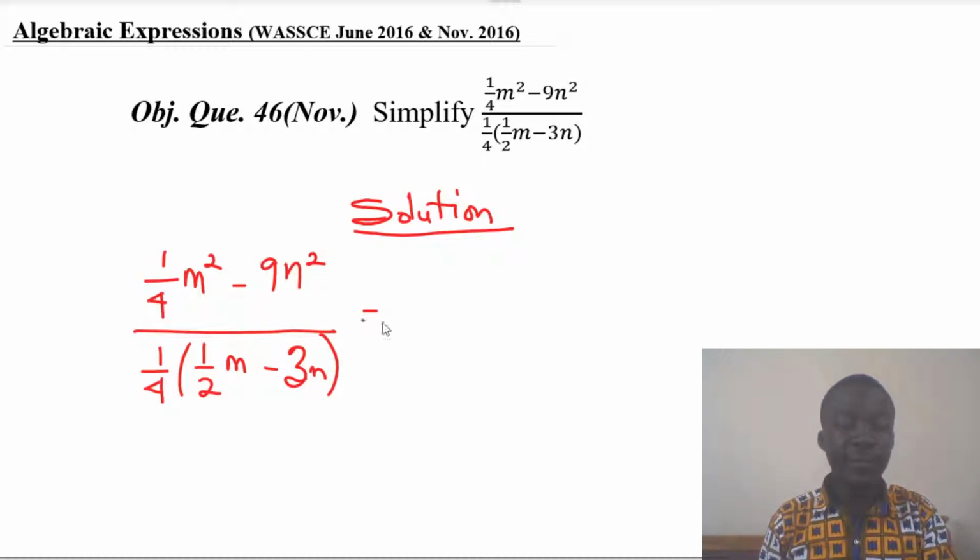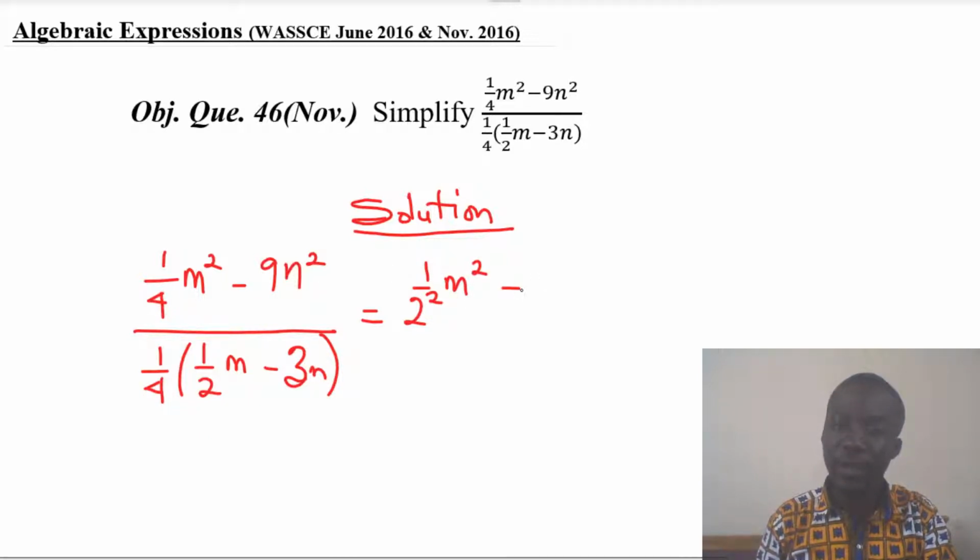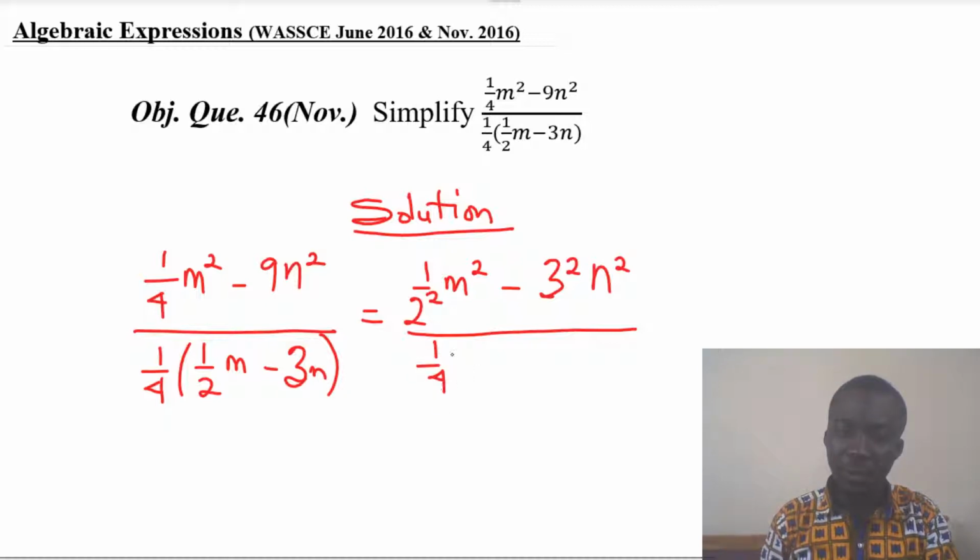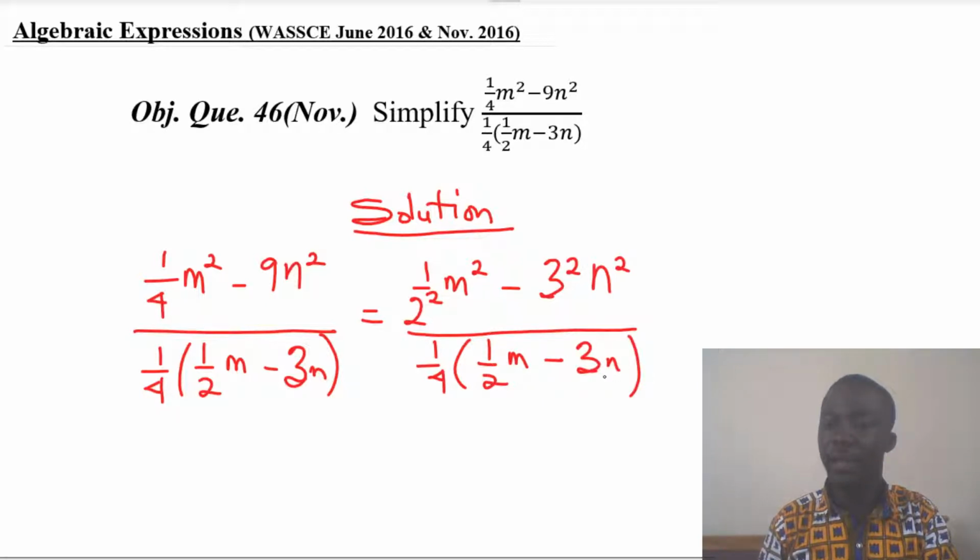We can rewrite the numerator as 1 out of 2 squared, since 4 is a square number, multiplying m squared, minus 9 is also a square number, so we can rewrite it as 3 squared multiplying n squared, divided by 1 over 4, 1 over 2m minus 3n.